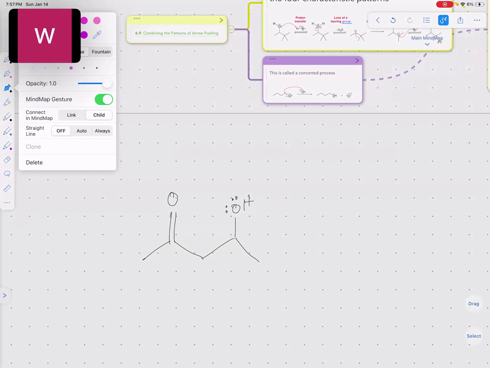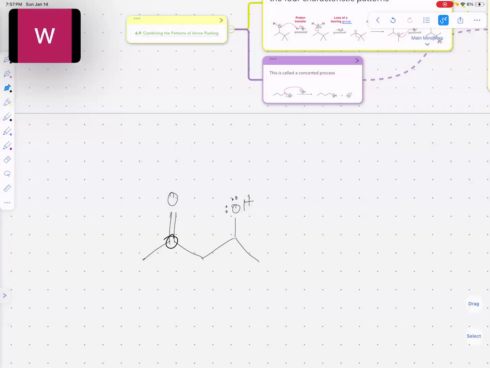Okay, between this carbon and this atom here, what is the nucleophile and what is the electrophile? Nucleophile is the OH, and electrophile is the carbon in the double bond.